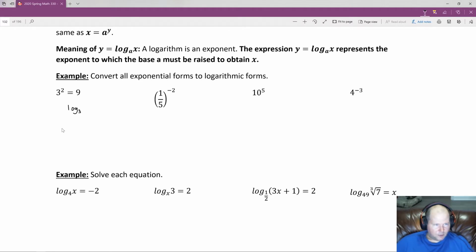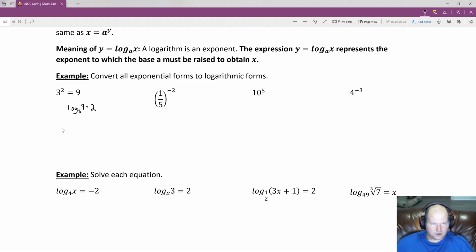Then we say, well, what is it equal to? It's equal to 9, so we put the 9 here. And what is the exponent? The exponent is a 2, so we put a 2 there. So it says 3 to the second power is equal to 9. Or, 3 to what power is equal to 9? 2.